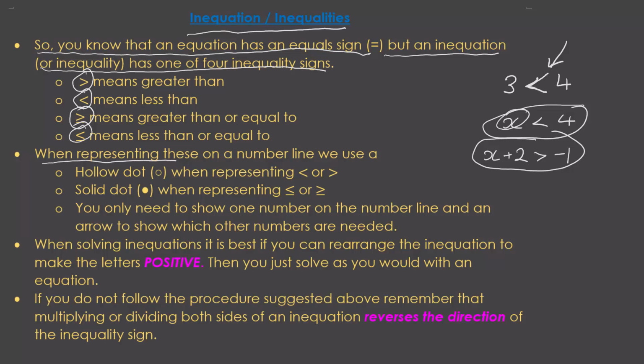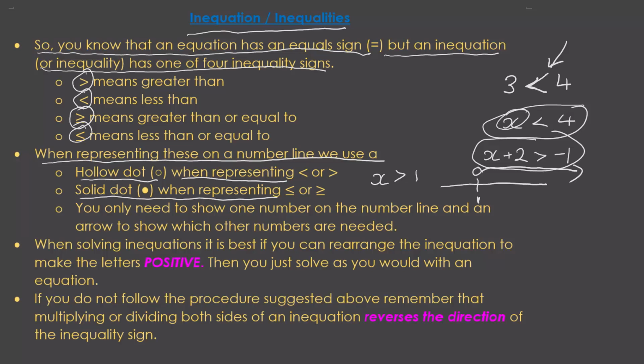When representing these on a number line, we use a hollow dot when representing either greater than or less than. So what we mean is if I had something like x is more than 1, at 1 we would have a hollow sign showing that x can't actually be 1, and then an arrow showing that x can be any value more than that.